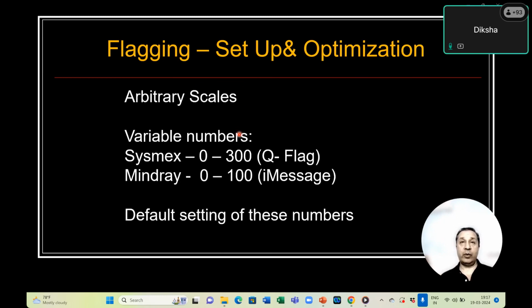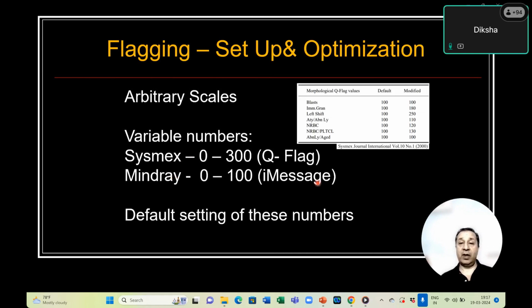Now, when you define a particular threshold beyond which this dot plot is giving you a variable number, you are identifying that variable as a cutoff for you to flag it up as something which is not falling in the right place. For example, in Sysmex, you have what is called the QFlag system. In Mindray, you have the iMessaging system. And likewise, you have many other instruments having a similar concept where you have different messages coming across.